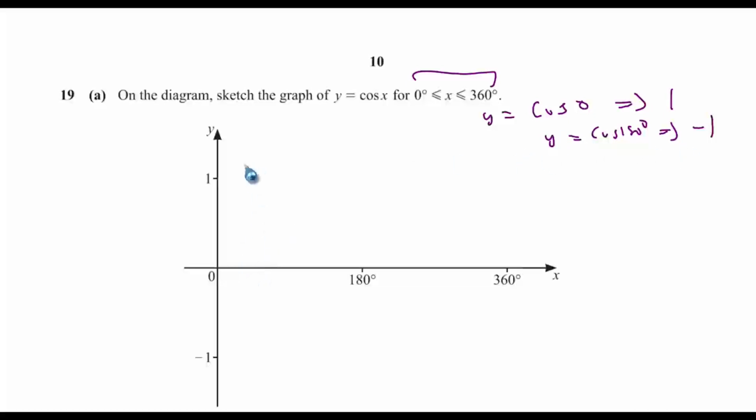So the first point will be here, at x equals 0, y equals 1, and the second point will be x equals 180, then y will be equal to -1. It will be down here, and another one will be when x equals 360 degrees, we have the value of y to be 1.